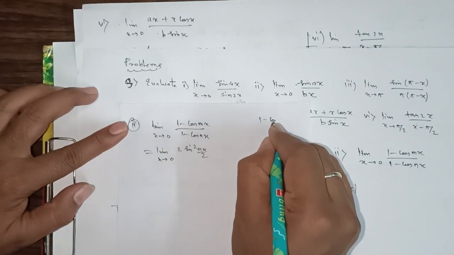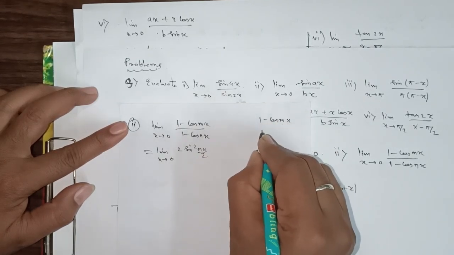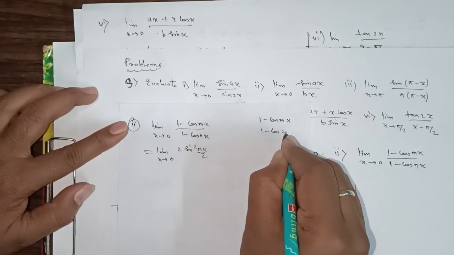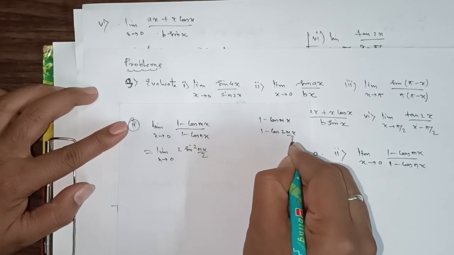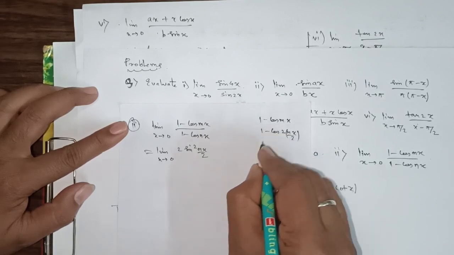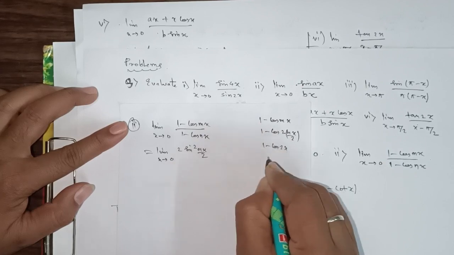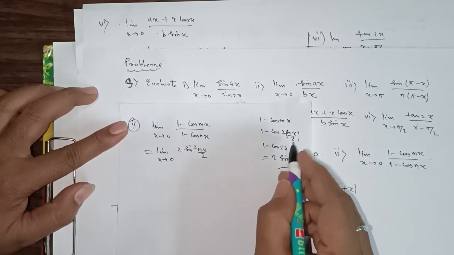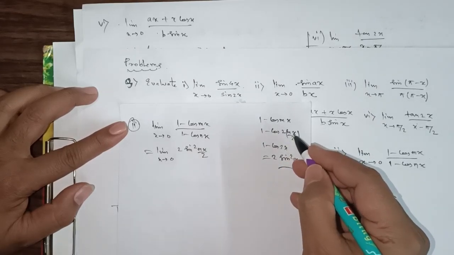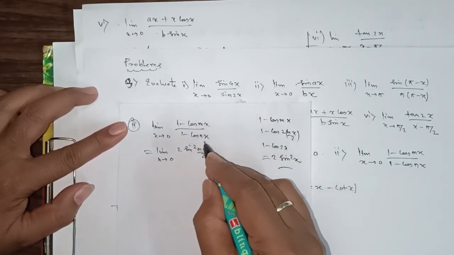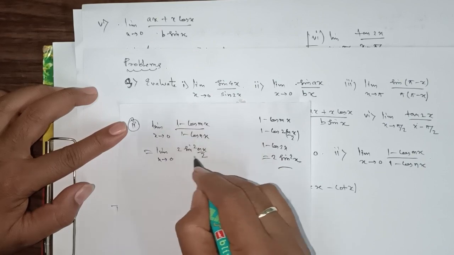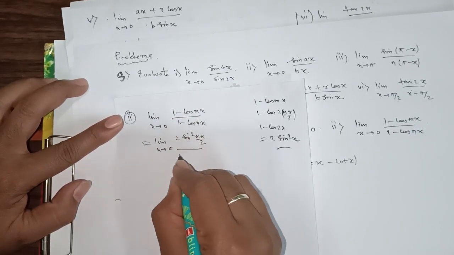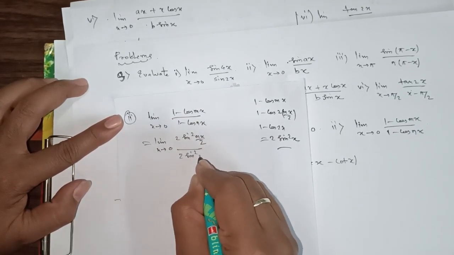See here, 1 minus cos mx can be written as 1 minus cos 2 times mx by 2. The formula is 1 minus cos 2x equals 2 sine square x. So whatever is inside, that will be here in place of x. So that can be written like this. Similarly, this can be written as 2 sine square nx by 2. This is the whole bracket.